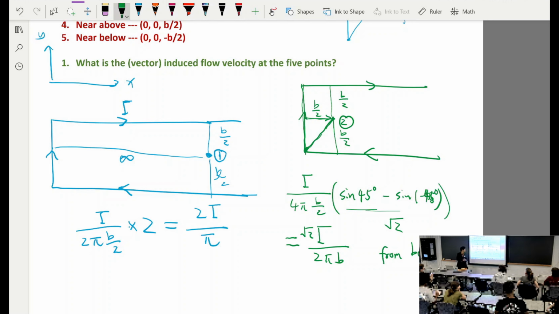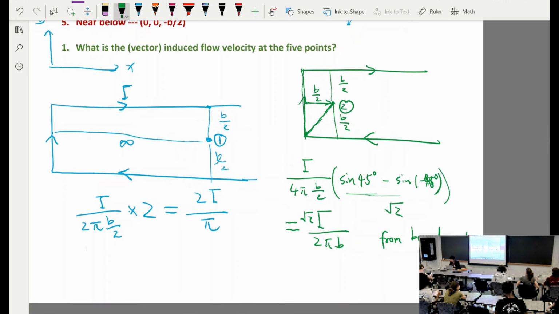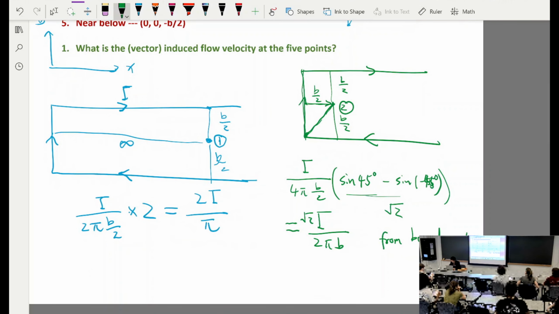Okay, these two angles, you can think about this angle being minus 90 degrees if it extends all the way downward, right? It goes to minus 45 degrees here, to 0 here, to 45 degrees here, and to 90 degrees when it goes infinitely above. So these are how the angles work. Okay, and from the two trailing vortices, it's very similar, gamma over pi b over 2, except for its sine of 45 degrees. Actually, not this angle anymore, because the x direction is this, right?